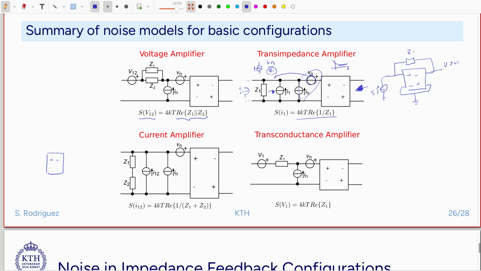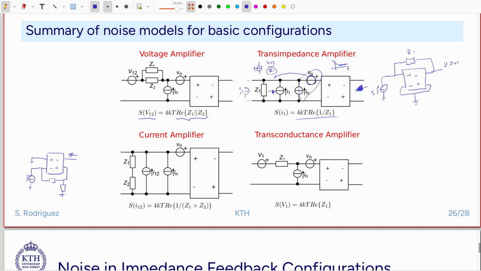For the current amplifier, it looks like this. We have this terminal, and then we have a current source here, and then the output current is here.